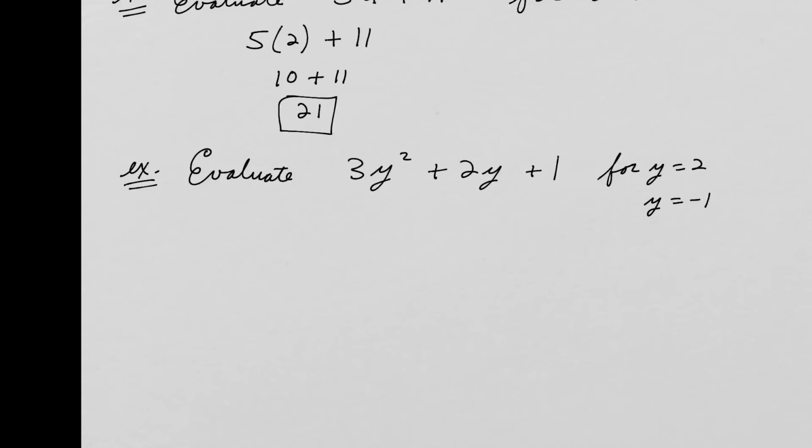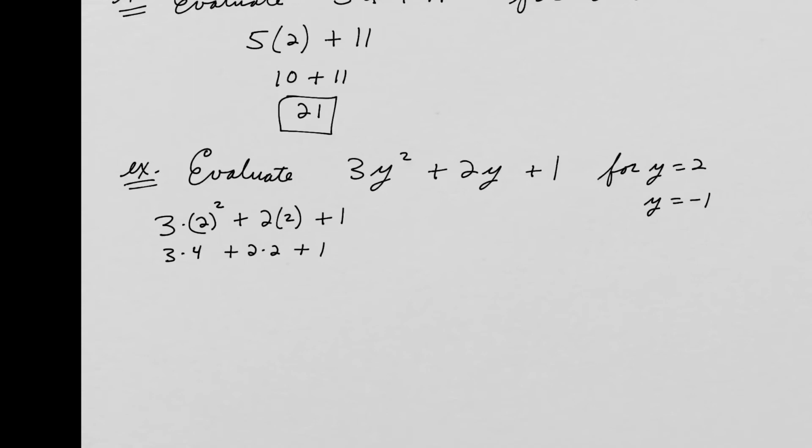Okay, so let's do y equals 2 first. So I go to that expression, that polynomial, and where I have a y, I'm going to plug in a 2. Remember, this is being squared. Okay, so the first thing I would do is the exponents, right? So 2 squared is 4. I'll just write everything else down again.